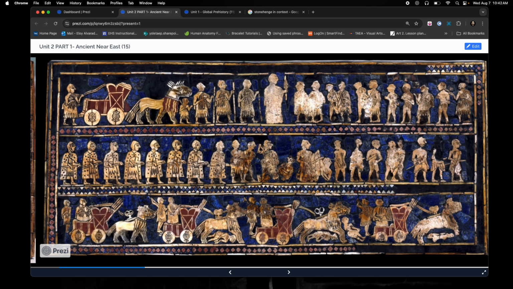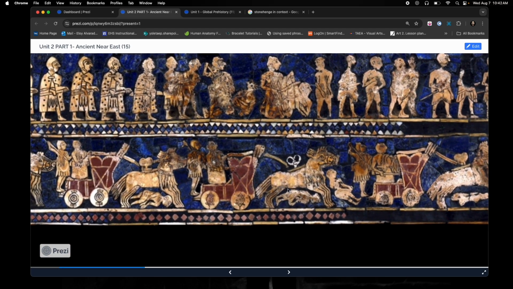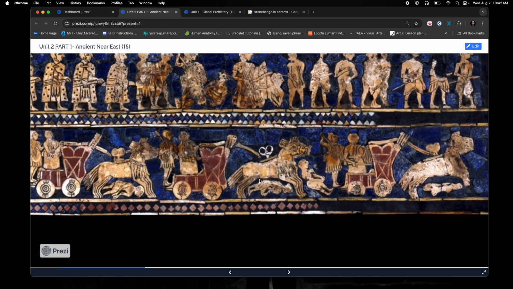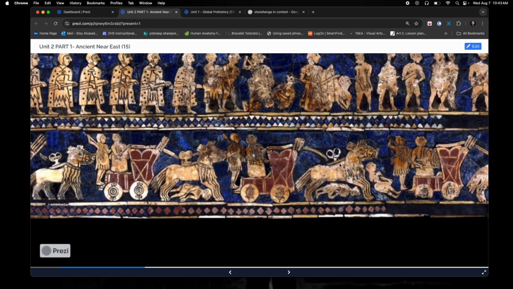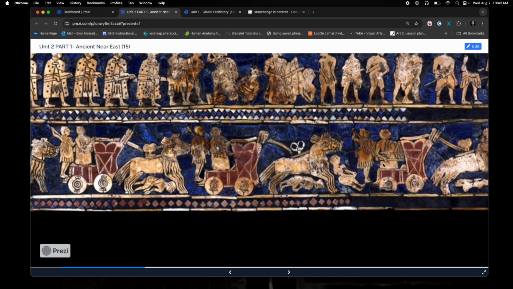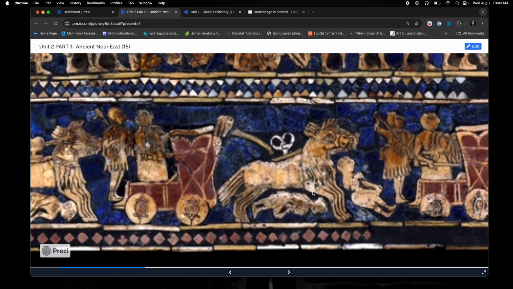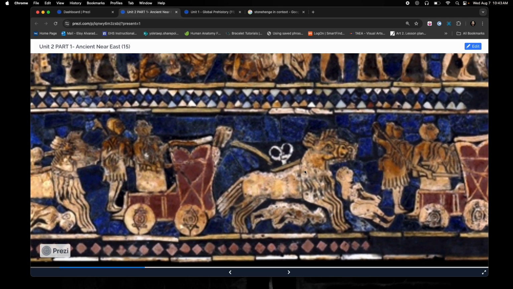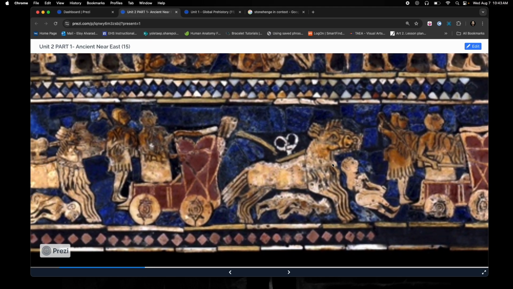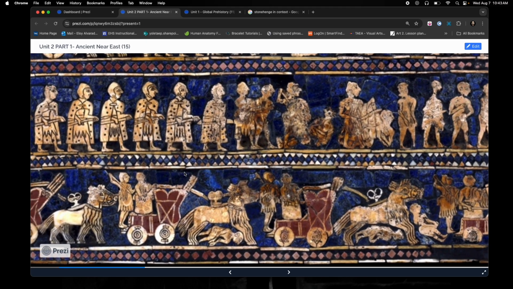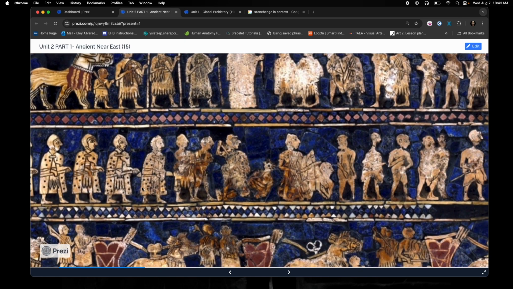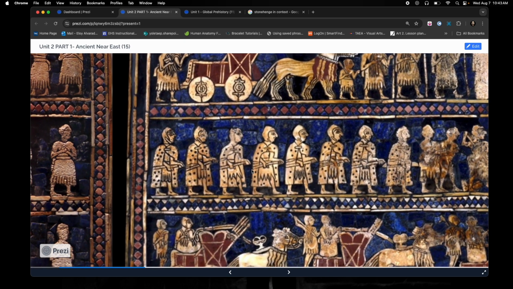So what do we have here? Let's just observe this. What do these look like? Chariots, one of the inventions, right? Now this shows multiple legs or multiple horses. Right, so we have chariots. Chariots aren't usually for leisure. And then you have, what do these guys look like?